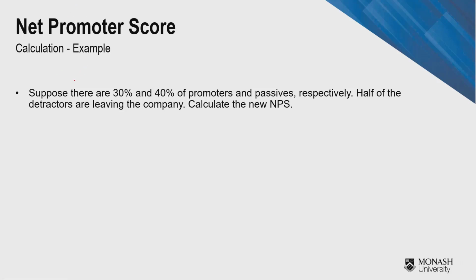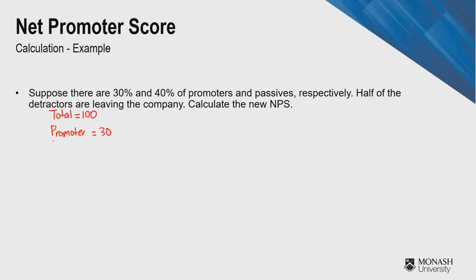So let's say the total here is 100. And if we know that there are promoters, it is 30%, so 30 out of 100.